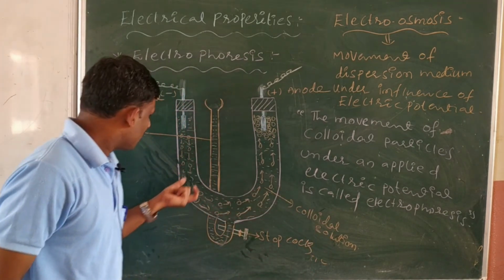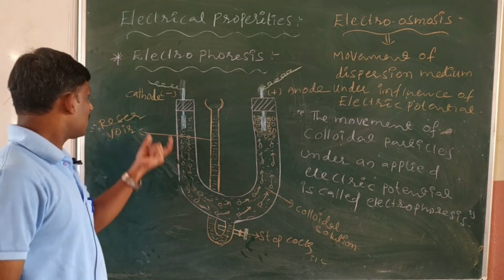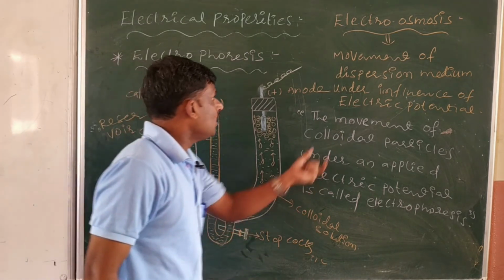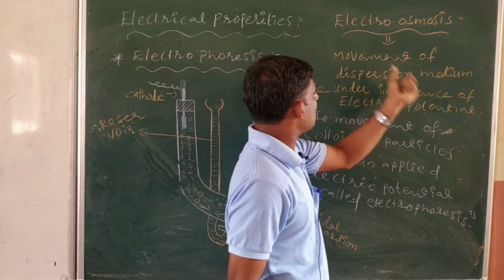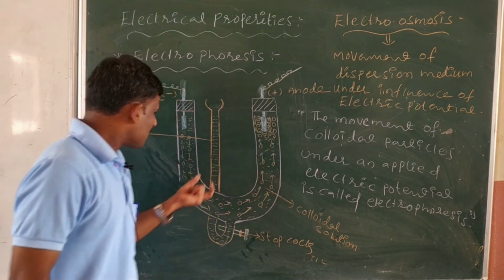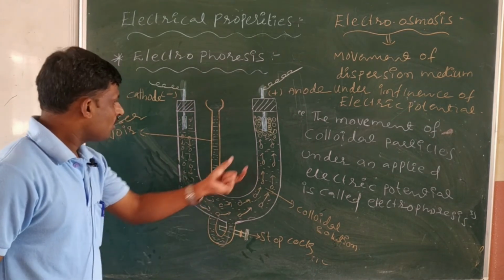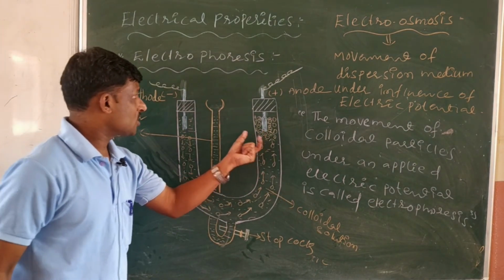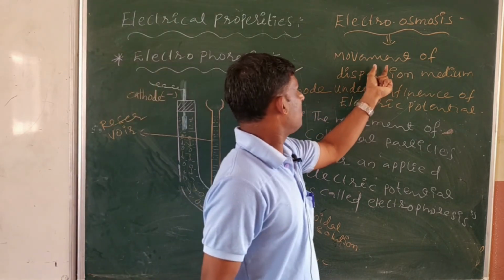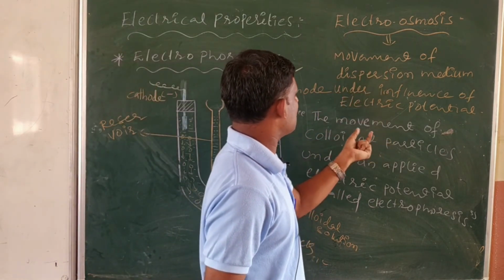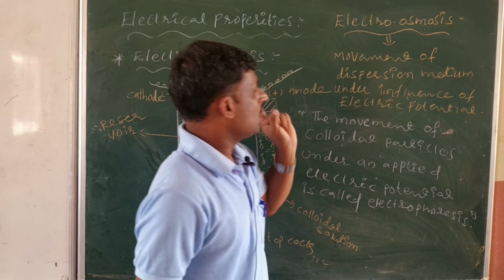Here also we are applying the electric field or electric potential. While applying it, movement of colloidal particles takes place; this is called electrophoresis. But when the movement of the dispersion medium takes place, that is called electroosmosis.